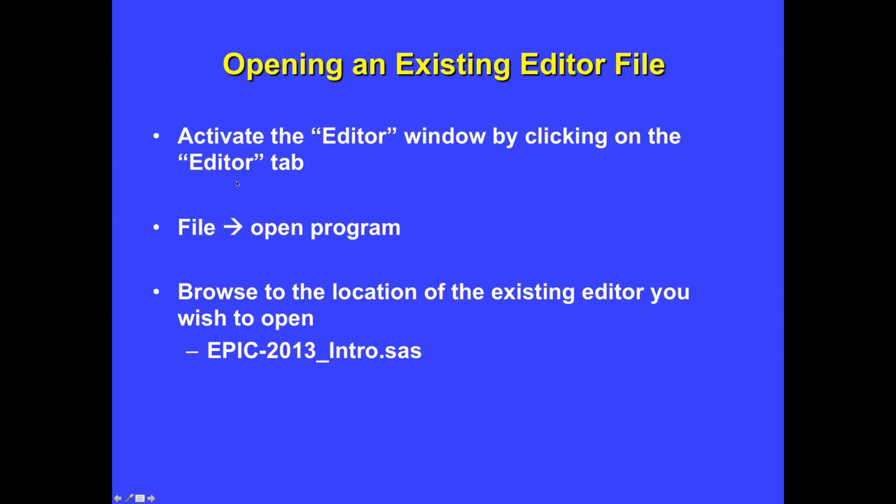Well, let's give it a shot and try opening an existing editor file. To do that, you're first going to activate the editor window, and I'll give a live demonstration of this in a moment. But you activate the editor window by clicking on the editor tab, and then you go up to File, Open Program, very similar to opening a Word document or an Excel document, PowerPoint file, etc. And then you simply browse to the location on your computer where you've saved the editor file we want and open it.